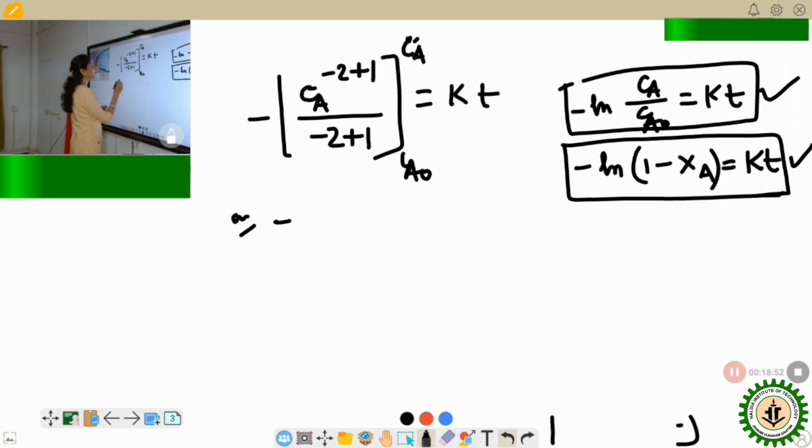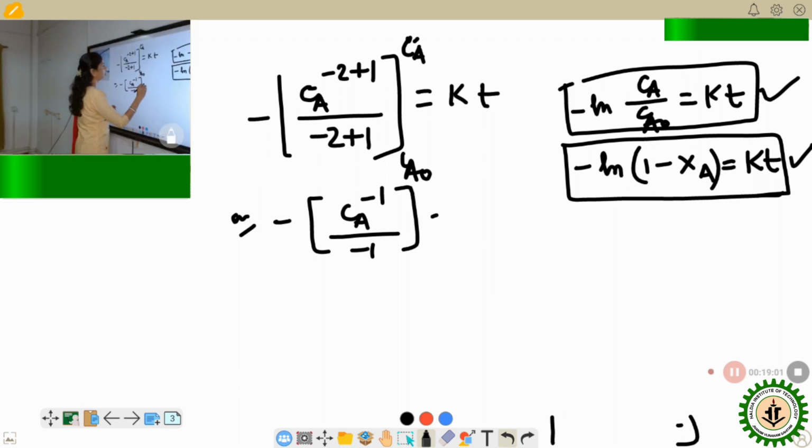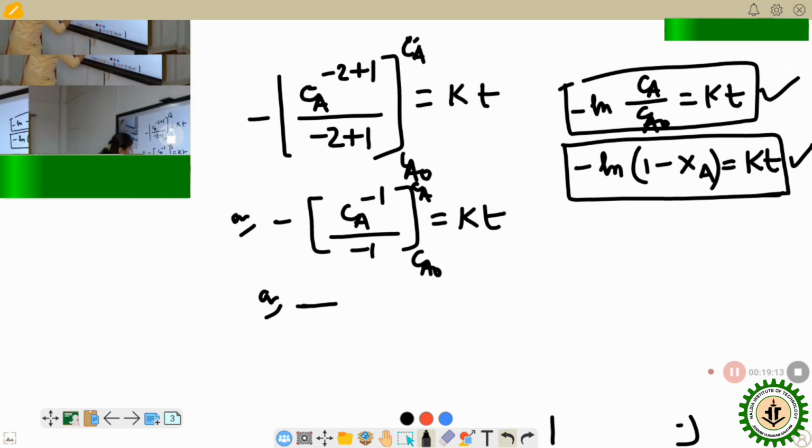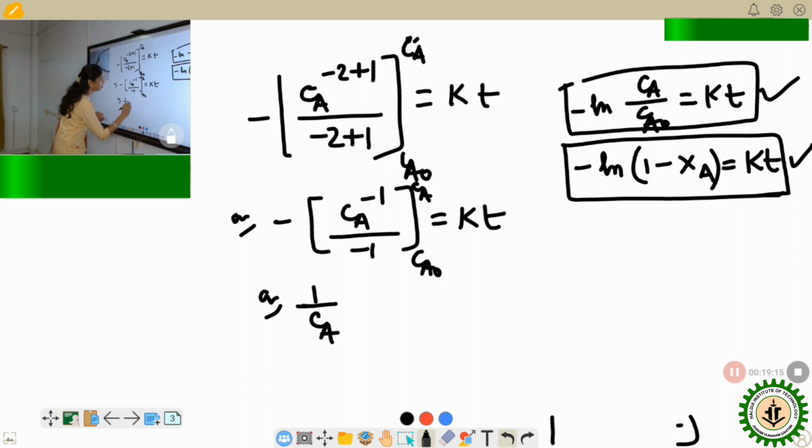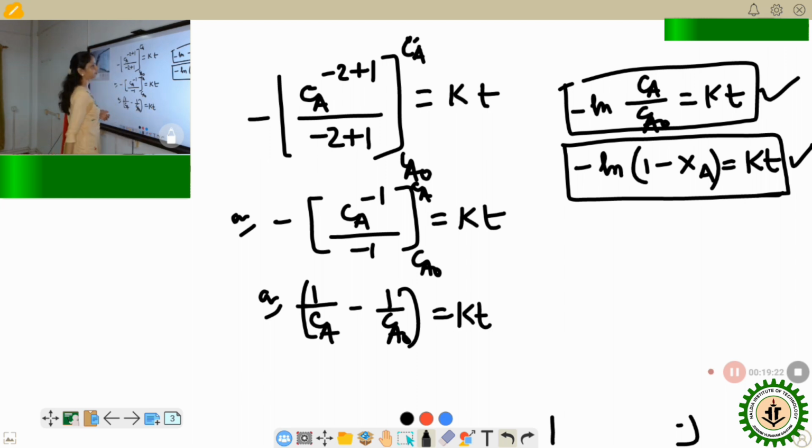Or minus Ca to the power minus 1 by minus 1 equals Kt, and the limit Ca0 to Ca. So here it will come plus. So I can write it 1 by Ca minus 1 by Ca0 equals Kt. That is for second order.